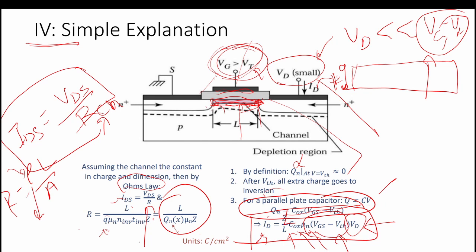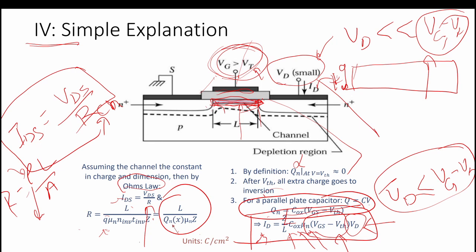But in this case Vd should be less than or equal to Vg minus Vt, so that there won't be any pinch off of the channel.